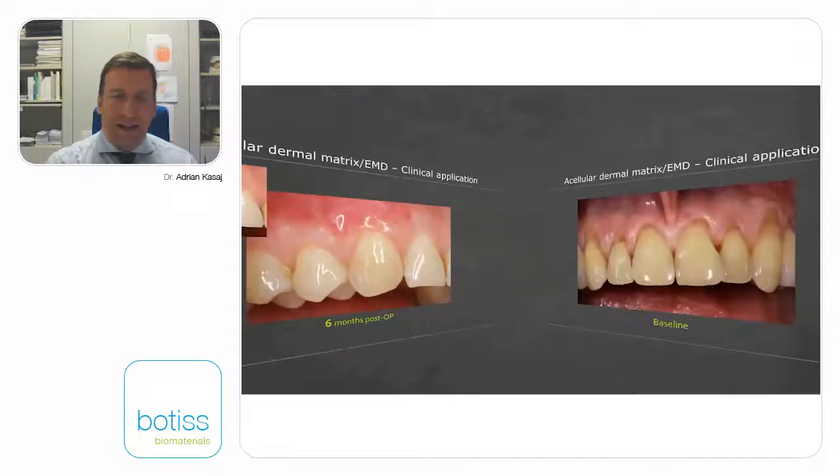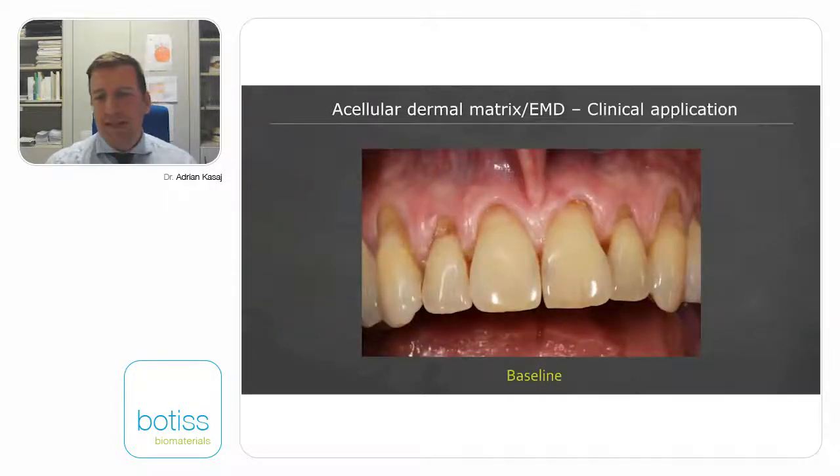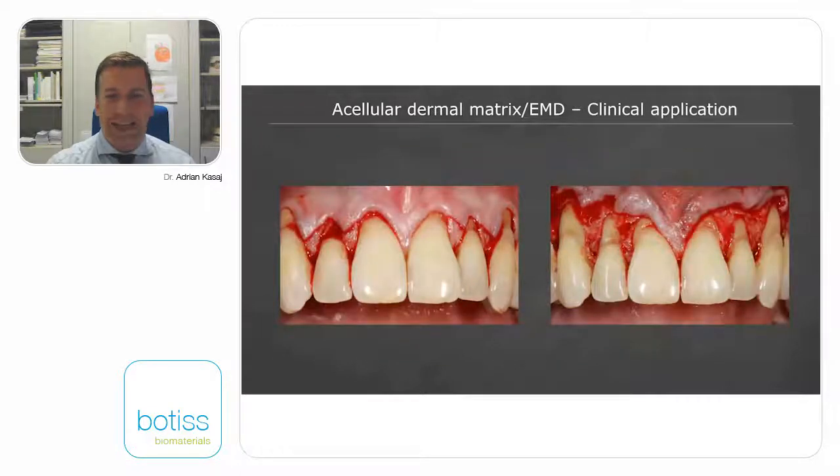Another clinical case, multiple recessions in the upper jaw from canine to canine. You see some deep abrasion defects with some class 5 fillings. We removed these fillings. You can see again the preparation of a modified coronally advanced flap with tunneling of the anterior papilla.